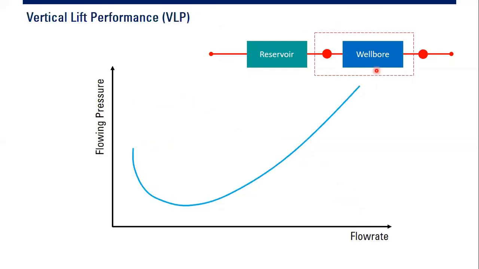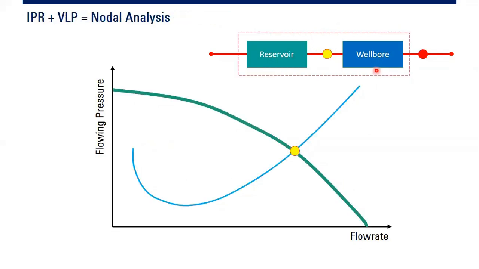IPR and VLP. If we combine reservoir and wellbore into one system, we have an intersection, which is indicated by this node.